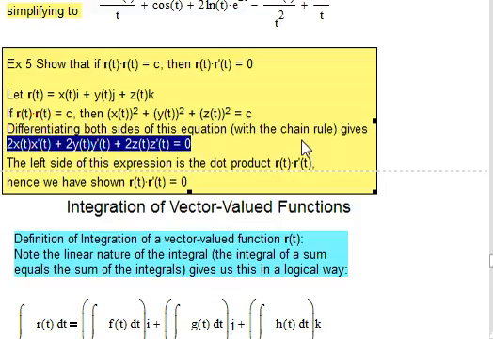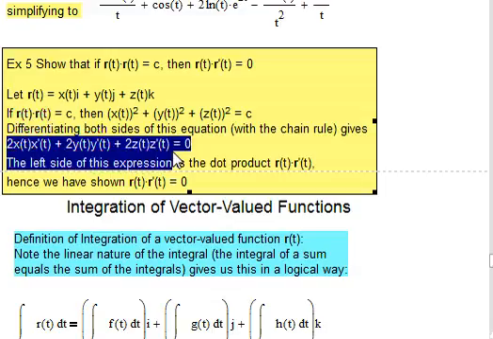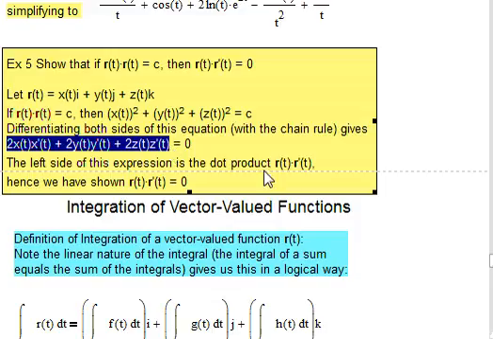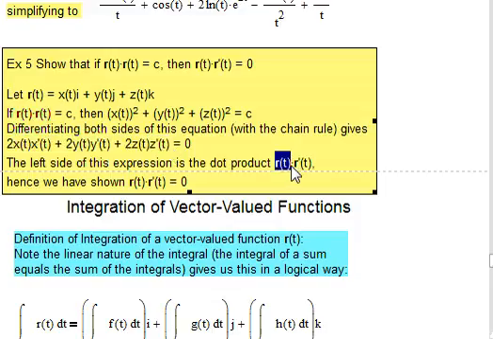Believe it or not, the left side of this expression is just the dot product of the vector r(t) with the vector r prime(t). See, r prime(t) would be x prime(t)i, y prime(t)j, z prime(t)k. And actually, to tell you the truth, it's twice the dot product of r prime(t) and r(t).